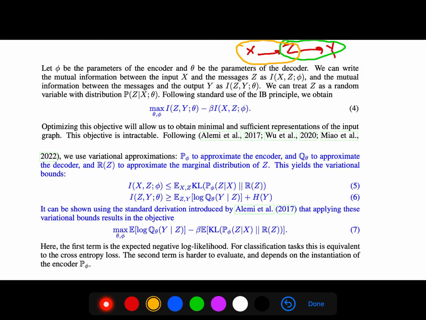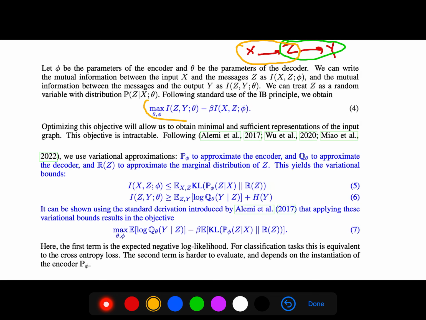It's not trying to learn something from very remote nodes. So it is also good for oversquashing to some extent, very locally, of course. That's why this paper didn't talk about oversquashing, because it can handle it, but very locally.